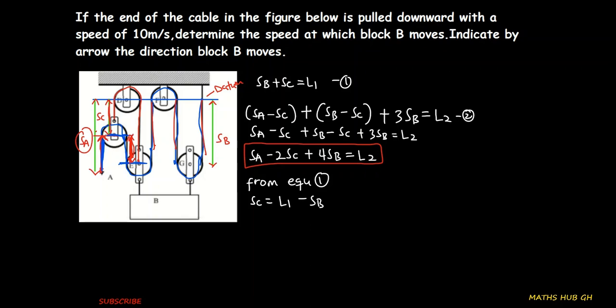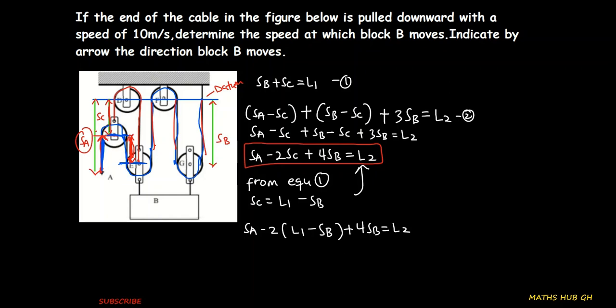You then substitute this into the equation that we have here. So you're going to have SA minus 2 multiplying SC, which we now have to be L1 minus SB, plus 4SB to be equal to L2. So this is the equation we have now.